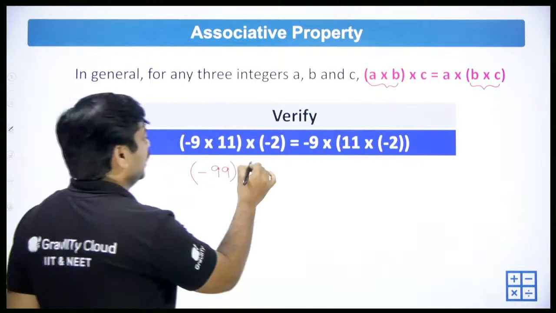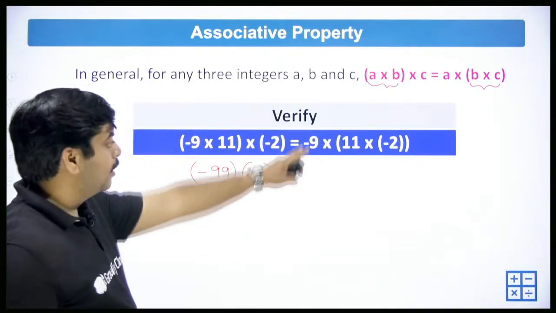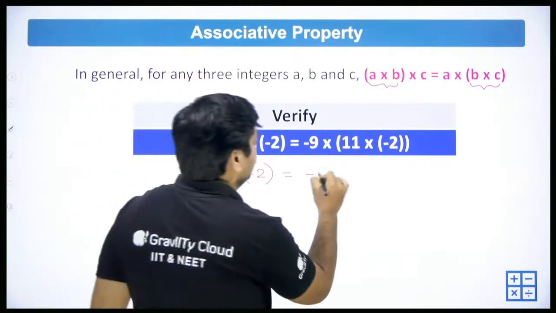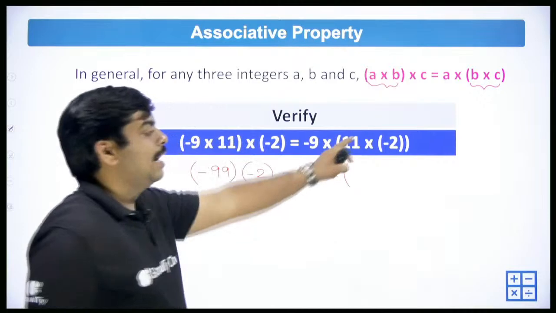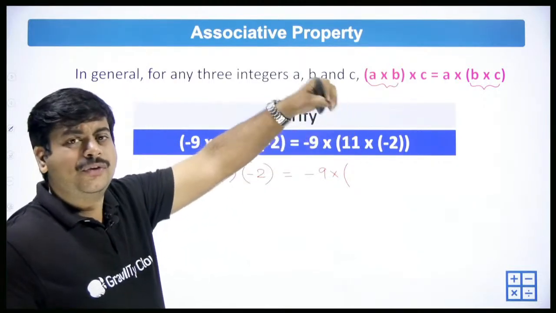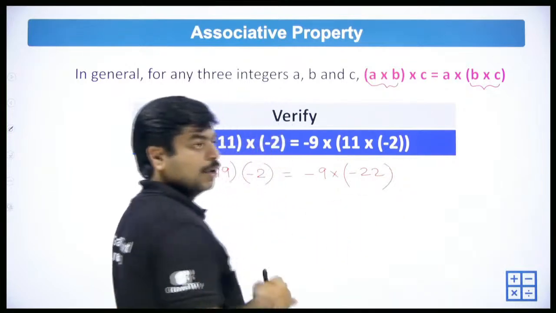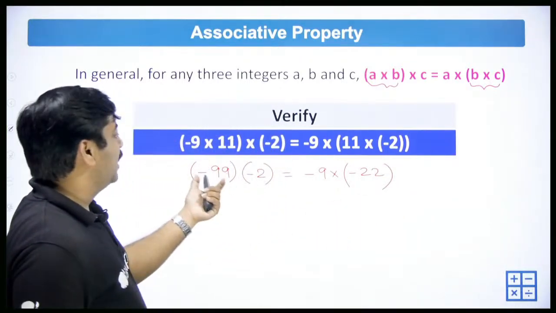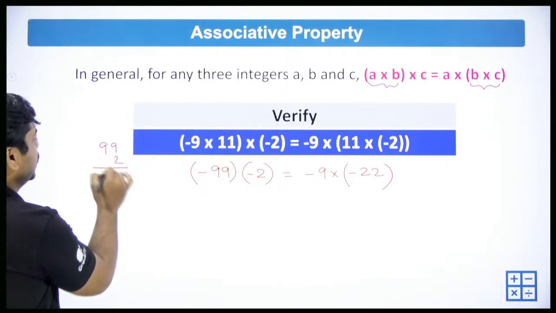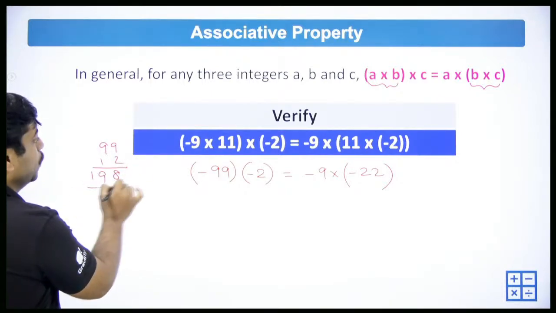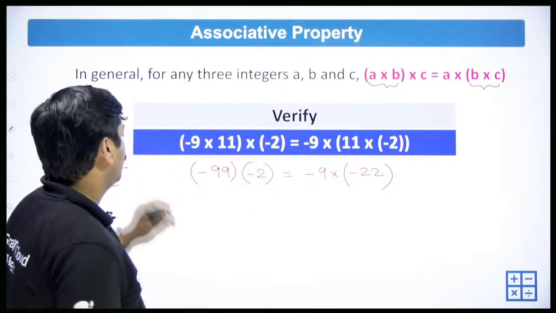The other way, 11 into minus 2 is minus 22. Now 99 into 2: 9 twos are 18, so 198.